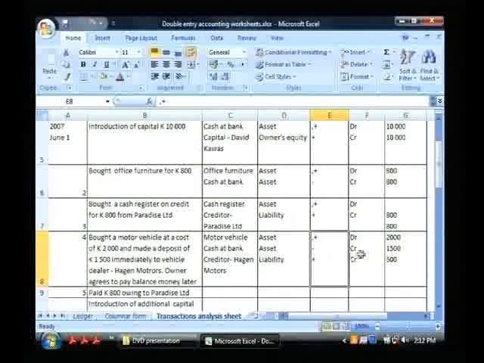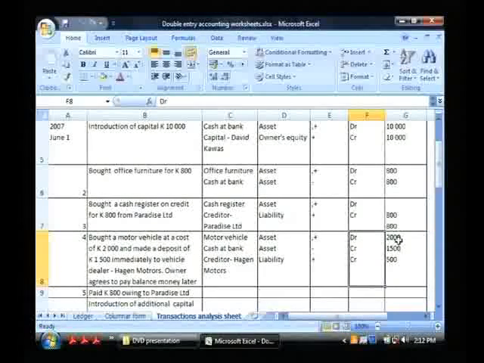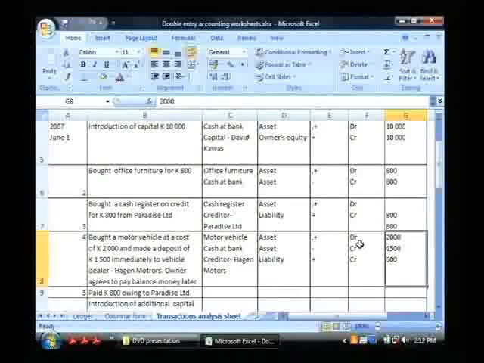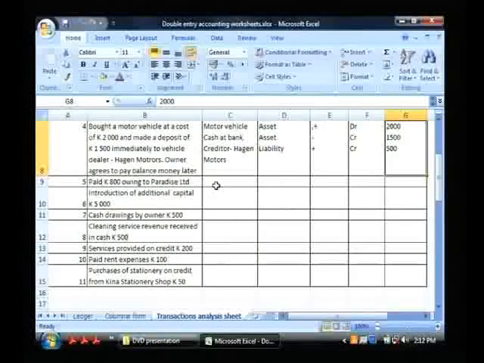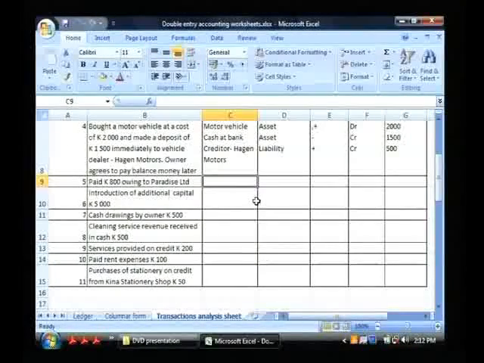So as we have already learned, double entry means making entries in the ledger accounts, and one of the conditions is that debit equals credit. So in this case, not only 2 accounts, 3 accounts.